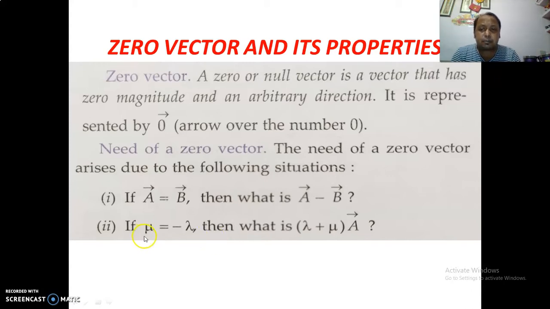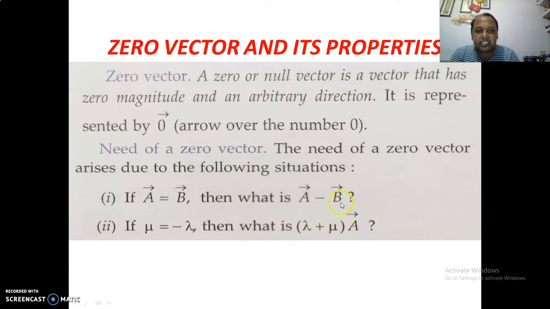Take another example. In this situation, mu is equal to minus lambda. Suppose we have an expression lambda plus mu into vector A. If mu is written as minus lambda, the magnitude here becomes 0.